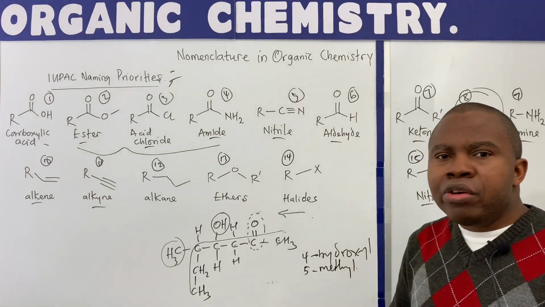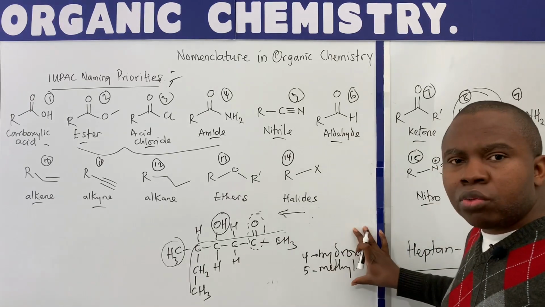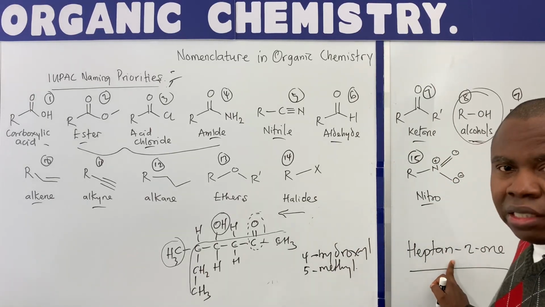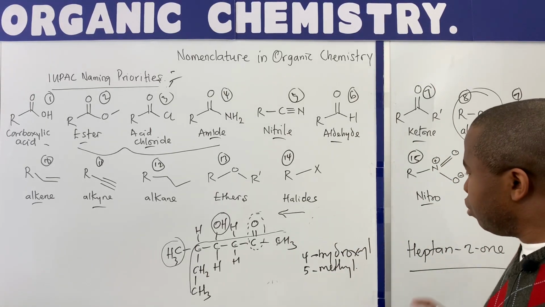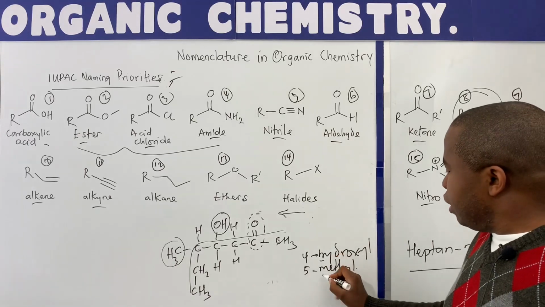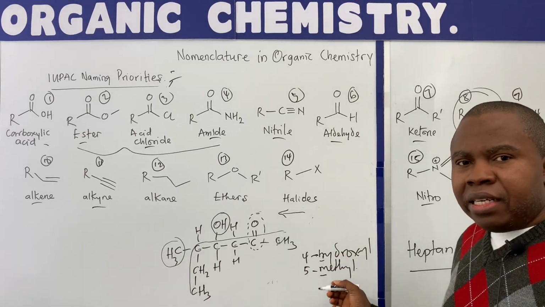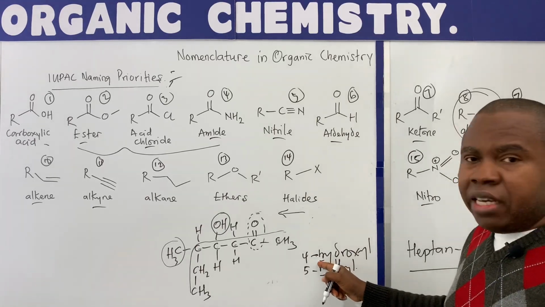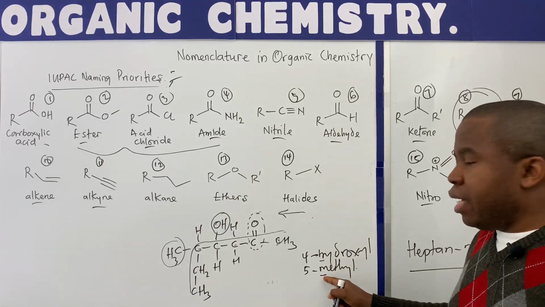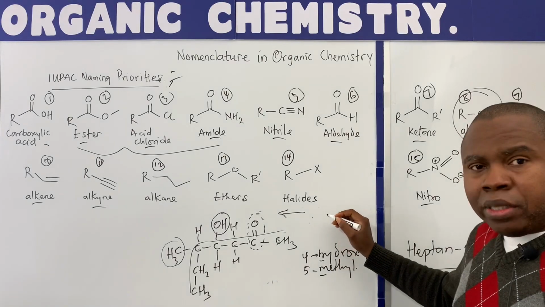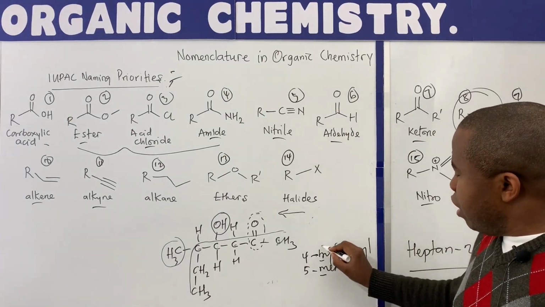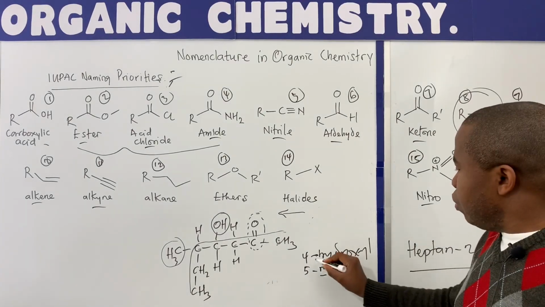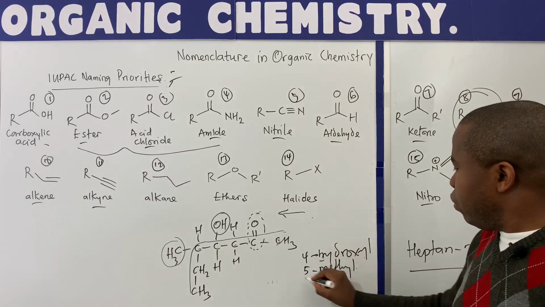But then how are we going to put these 2 substituents beside the parent structure? We are going to consider the first letter of the substituent. In this case, the first letter is H. In this case, the first letter is M. In English alphabetical ordering, we have H before M. And so this is going to come first before this one.